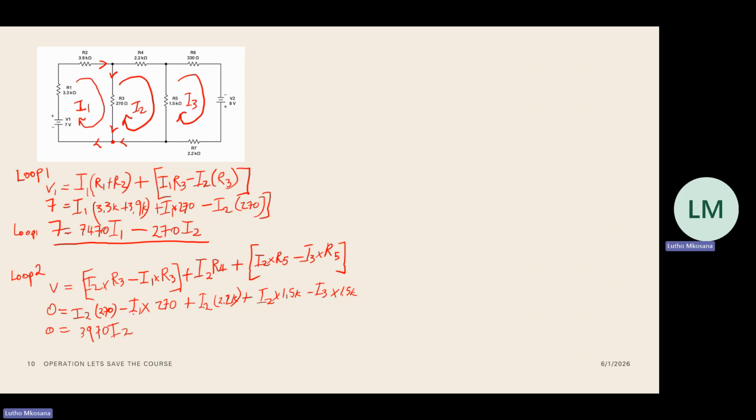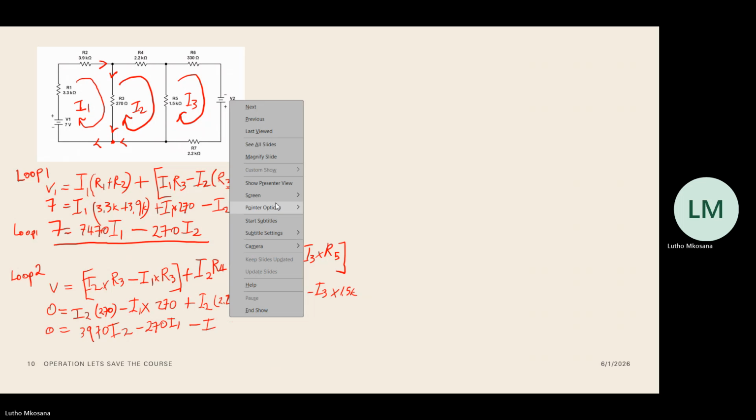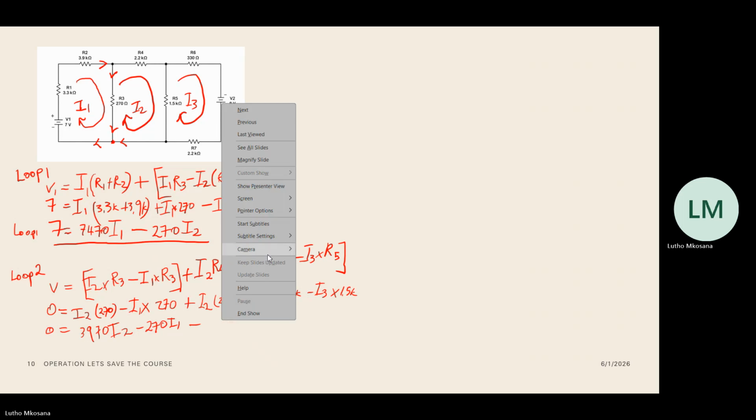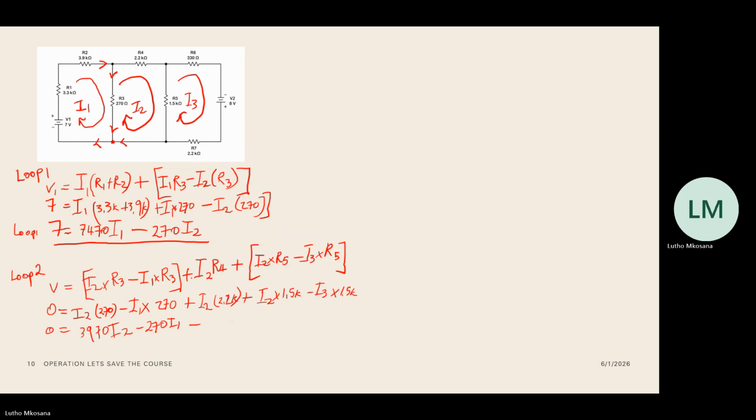And then for I1, we're going to have minus 270 I1, and then minus 1.5K I3.